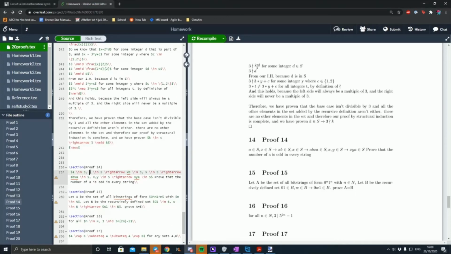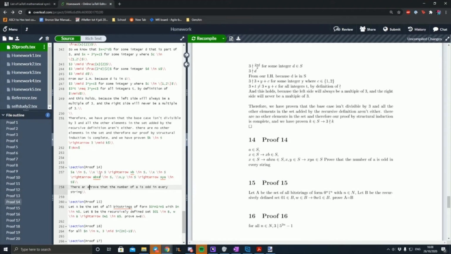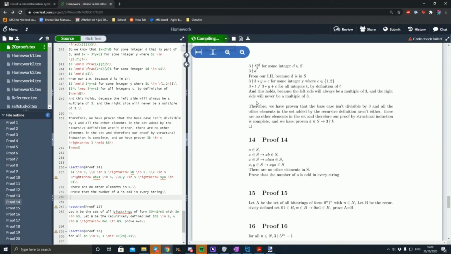So proof 14, we have a set of letters. And then I'll add one more. There are no other elements in S. Prove that the number of A is odd in every string. Okay.